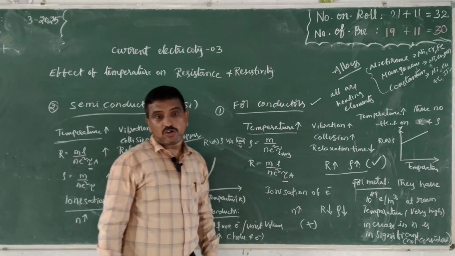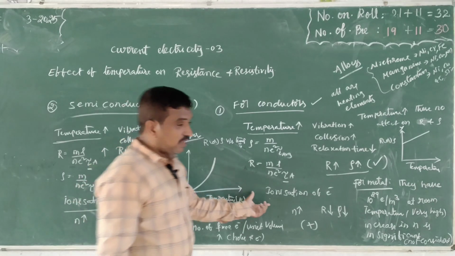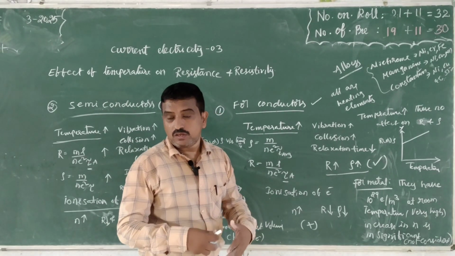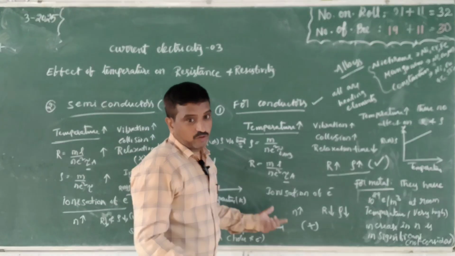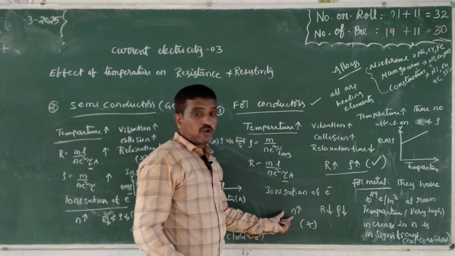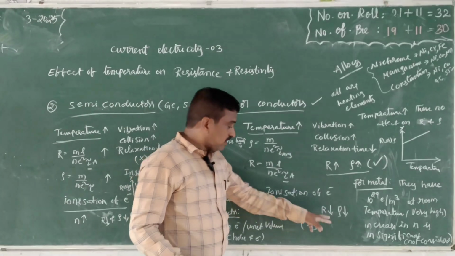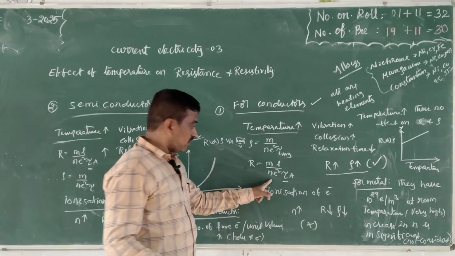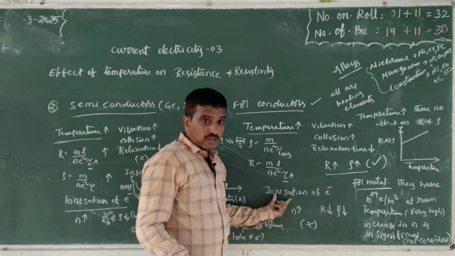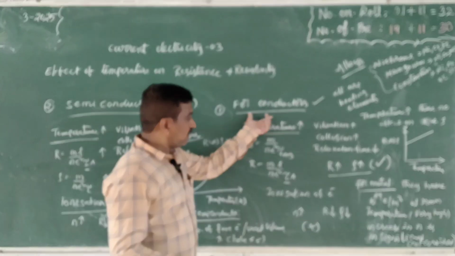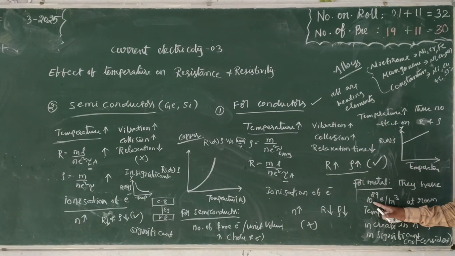One more case we have is ionization of electrons. Ionization means the process by which atoms lose or gain electrons and ions are formed, so the n value increases. n means the number of free charges per unit volume. When it increases, resistance and resistivity decrease, because n is in the denominator. But for conductors, metals already have a very high number of free charges per unit volume.